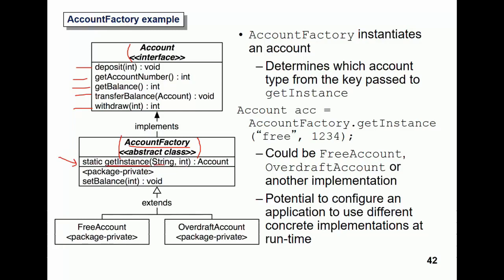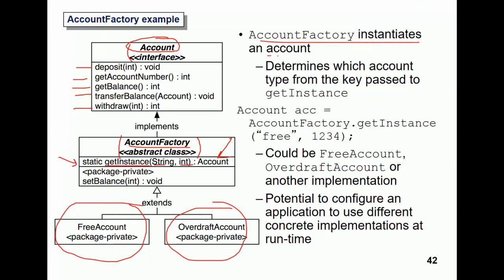You pass to it some parameters, and it returns an account type. So it returns something of type account and anything that might extend account. You can return the account type and any of the concrete types defined here, so the free account or the overdraft account.